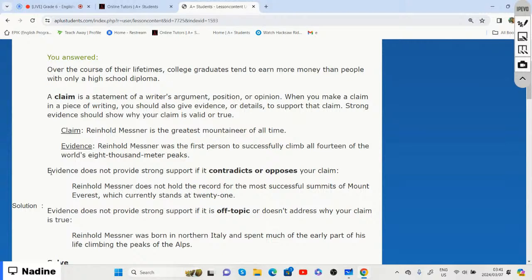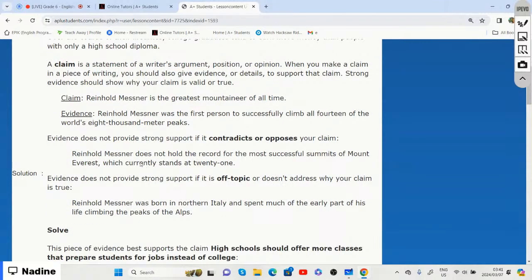Also, evidence does not provide strong support if it is off topic or doesn't address why your claim is true. For example, Reinhold Messner was born in northern Italy and spent much of his early life climbing the peaks of the Alps.